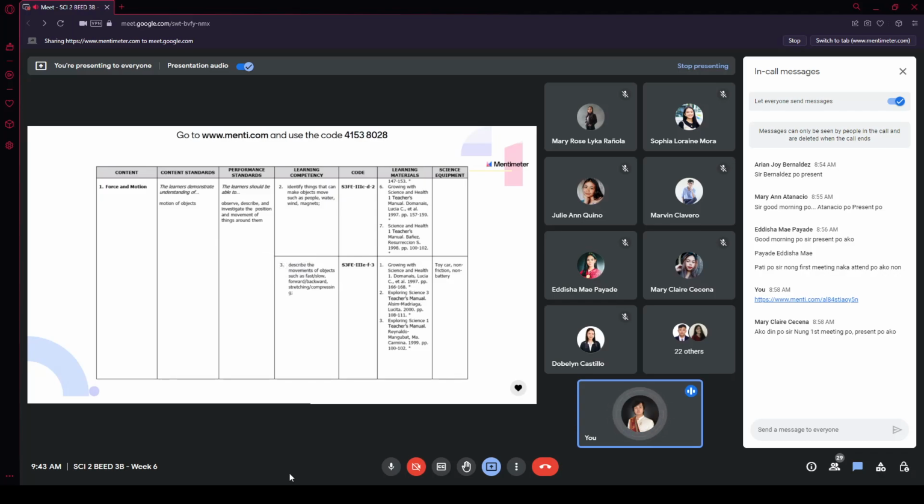And then for elaborate, you can let the students give out their example and then describe, is it moving fast or slow? Or you can even put another question, when do they move fast, when do they move slow?